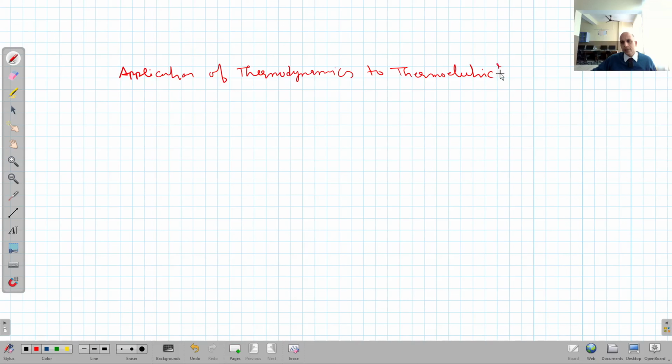Here we are going to apply the different laws and different equations of thermodynamics to study the thermoelectric effects. In fact, we have different types of thermoelectric effects.